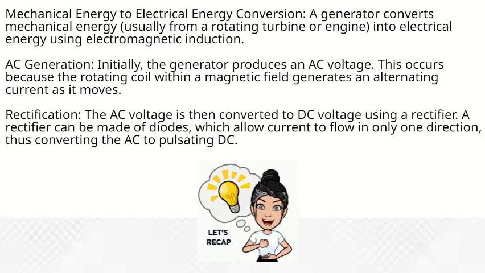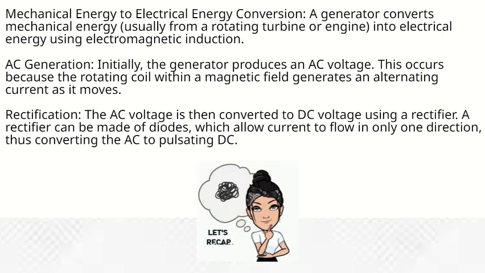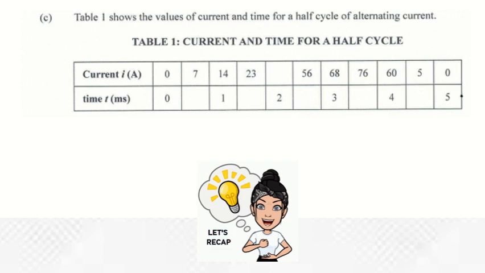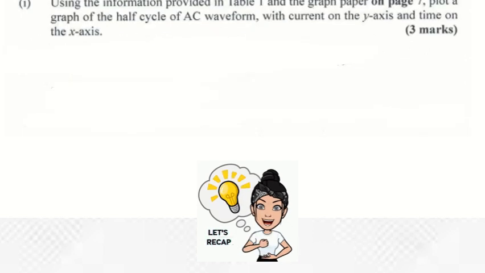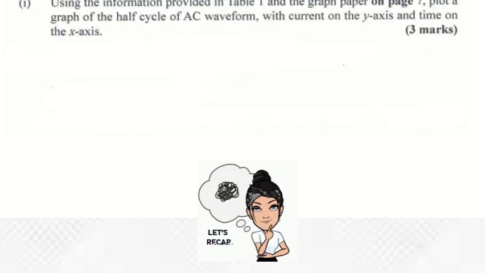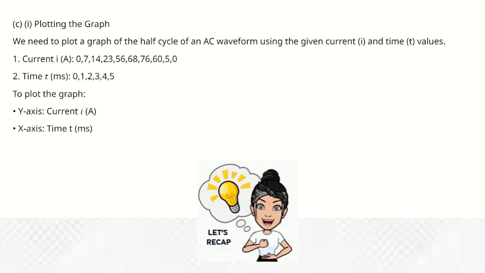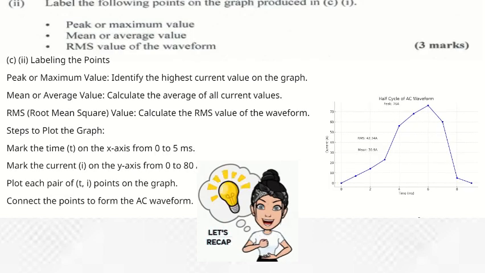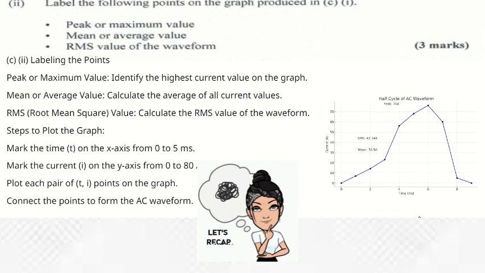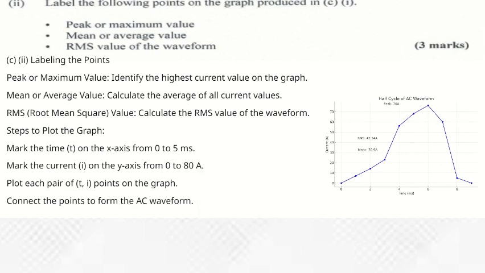And that goes through another set of processes. And we also looked at how to plot a graph, right, using values that were given, identifying the root mean square, the peak or the maximum value, and the mean or average.